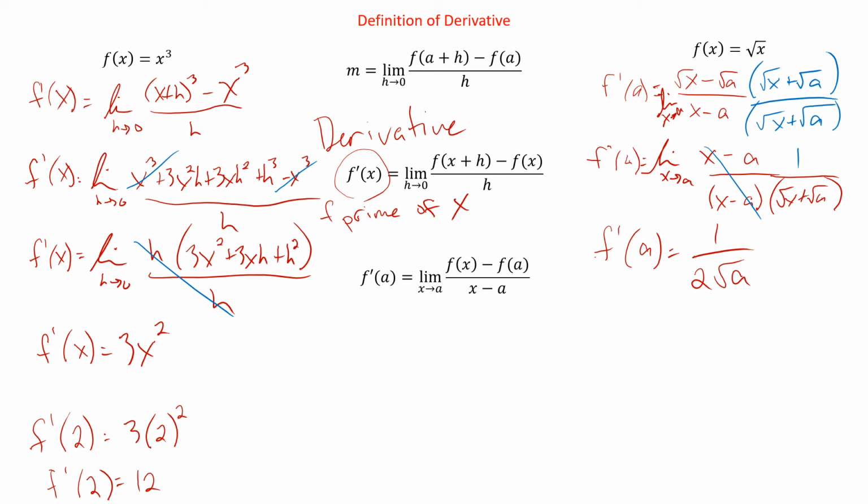If we wanted it at, what's f prime of 9? We get 1 over 2 root 9, which is root 9 is 3. So f prime of 9 would be 1 over 2 times 3, which is 6. So that would be the derivative at that point using that form of the equation.